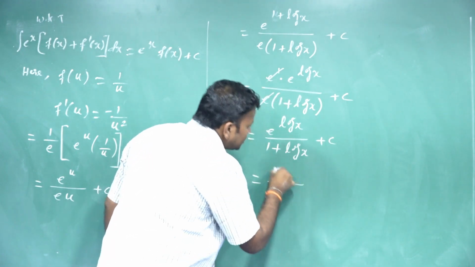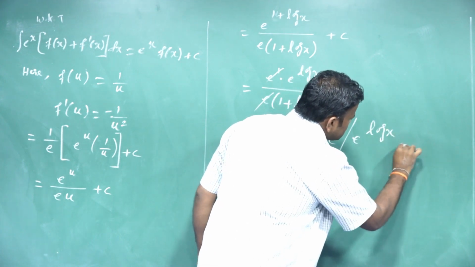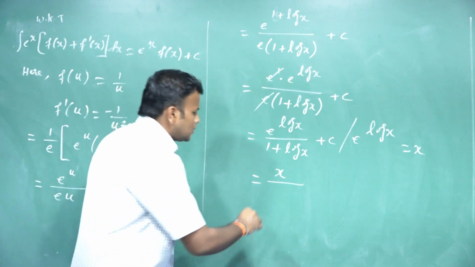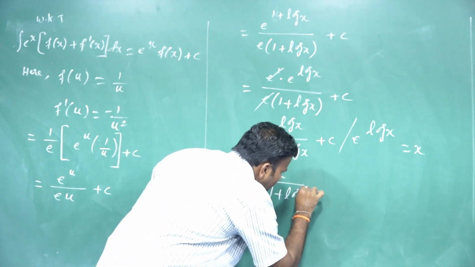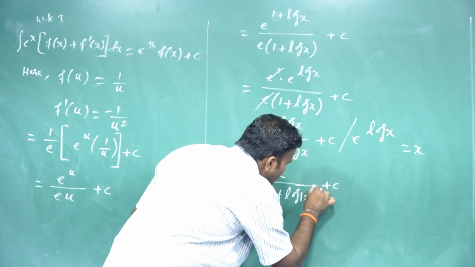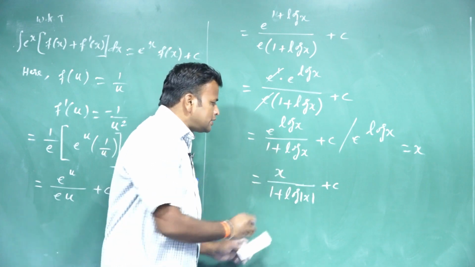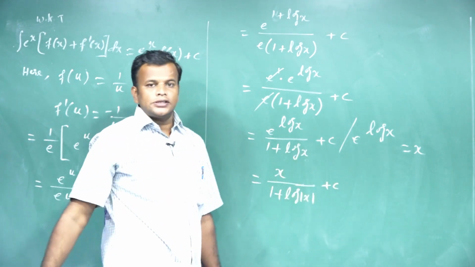It is a formula that e power log x is just x. So x divided by 1 plus log x. Since everything lies within log, we write it using modulus: 1 plus log modulus x.